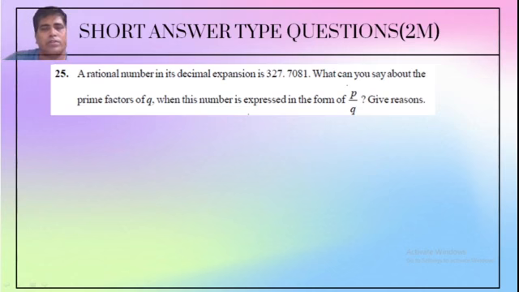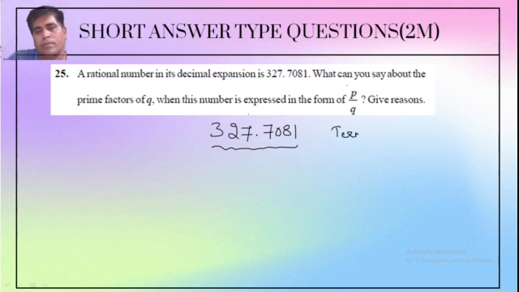Give reasons. So what is the given number here? He has given the number as 327.7081. It is clearly a terminating decimal.